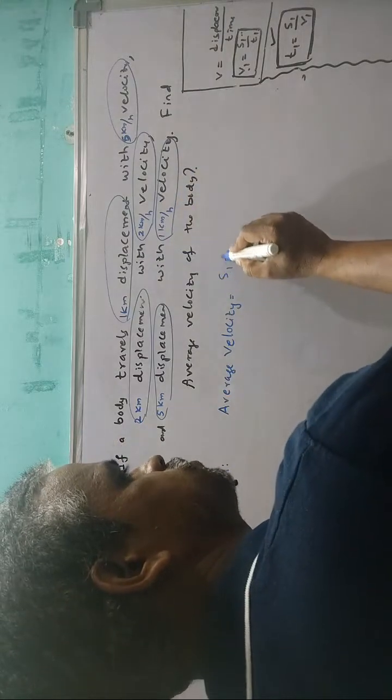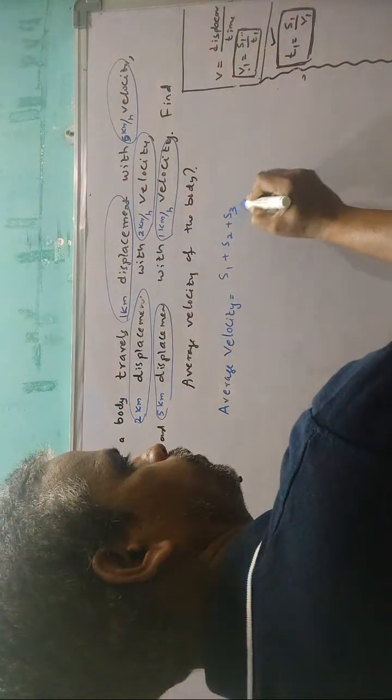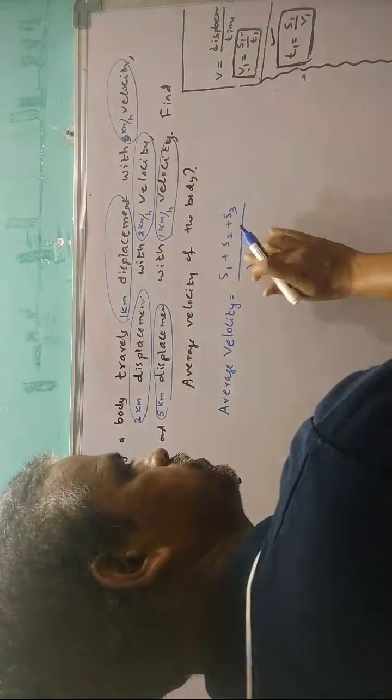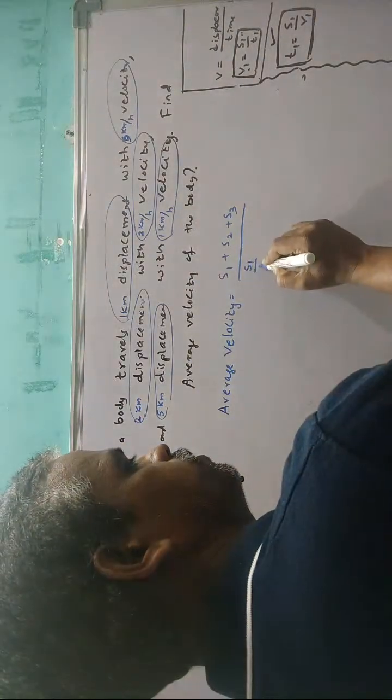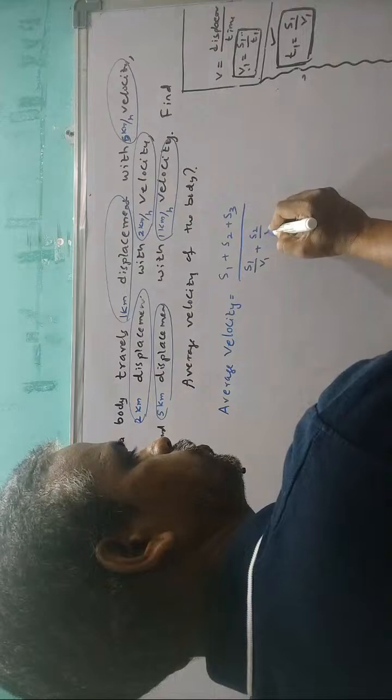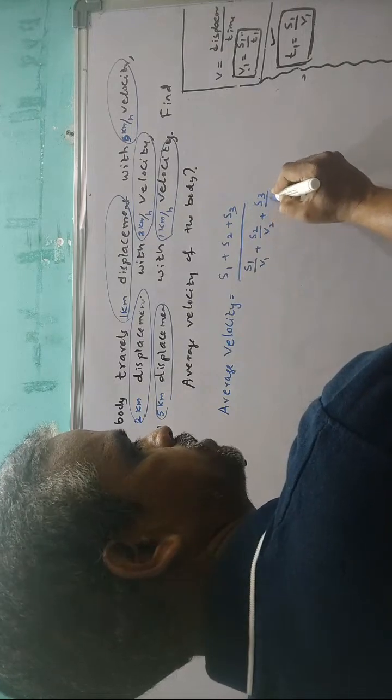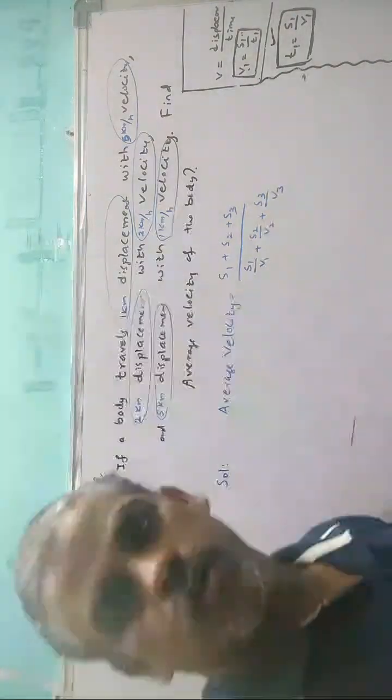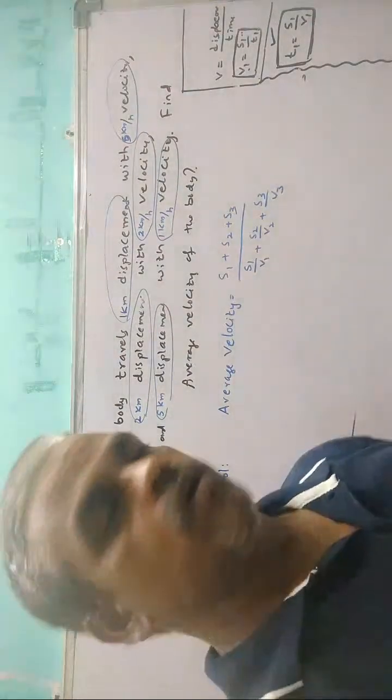So 3 displacements, 3 velocities. So S1 by V1, S2 by V2, S3 by V3. Okay, now do it.